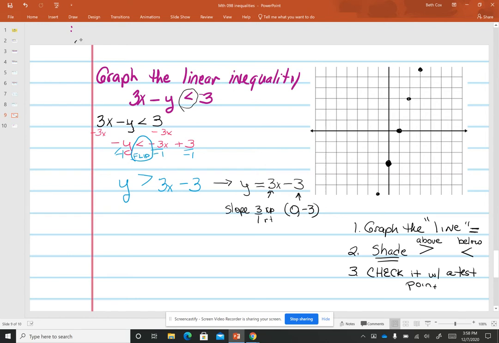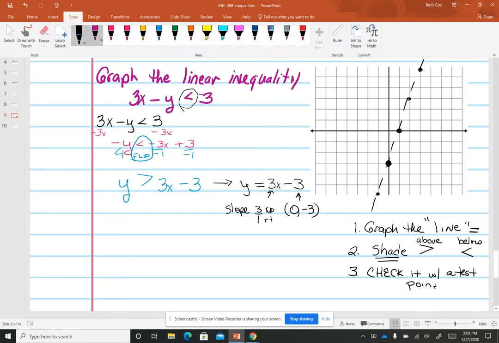So I'm going to make this a dotted line because in reality, my answer is not really part of the line. It's microscopically close to it, but not actually, because equals is not part of my question here. We'll do one in a minute where we actually do. So that's going to be a dotted line. Now let's move into step 2.